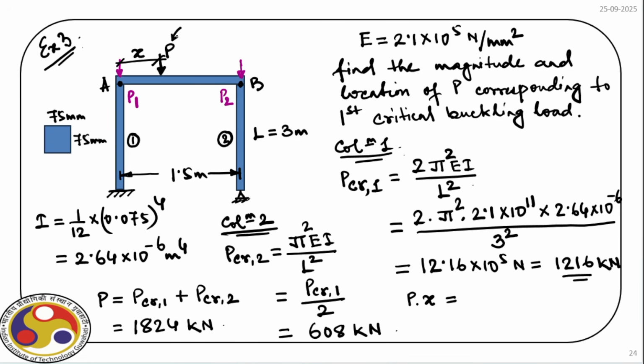So that is the moment caused by the force P about the point A, which is equal to P2 times the lever arm, which is 1.5. So that means X is equal to P2, which is 608, times 1.5 divided by 1824.